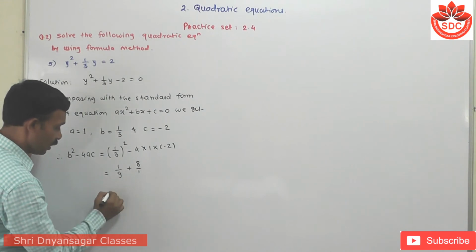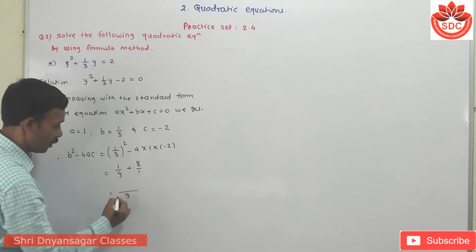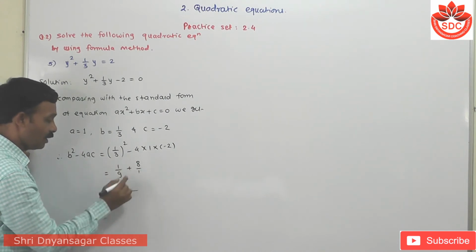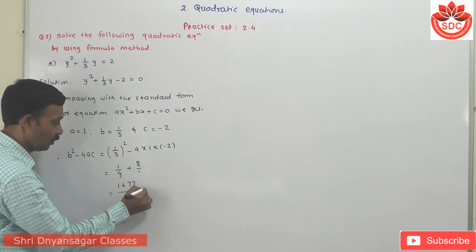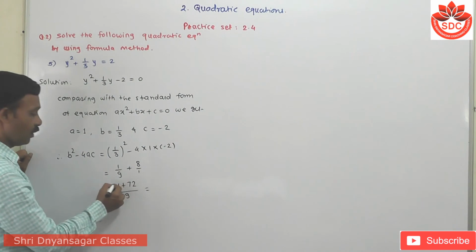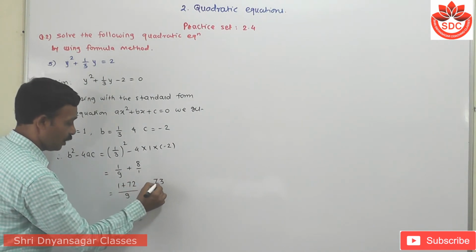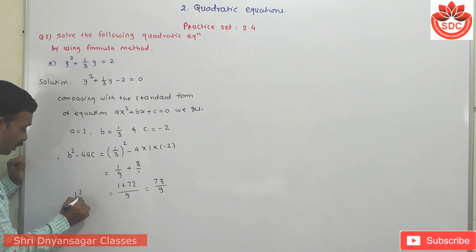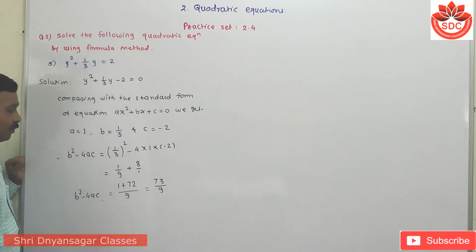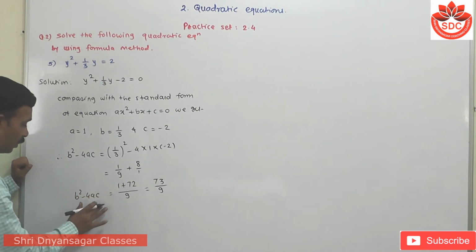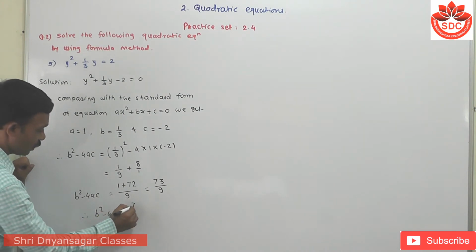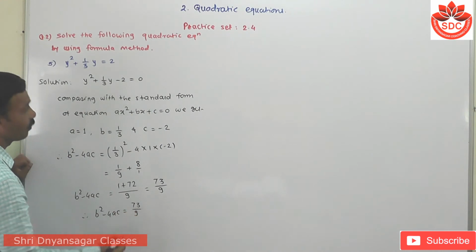Then taking its LCM we get that 9. Then 1 1s are 1, 9 8s are 72, 72 plus 1 is 73 upon 9. This is the value of b square minus 4ac. Therefore again I will write here b square minus 4ac is equals to 73 upon 9.